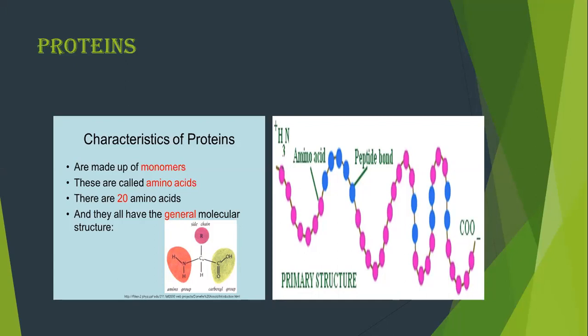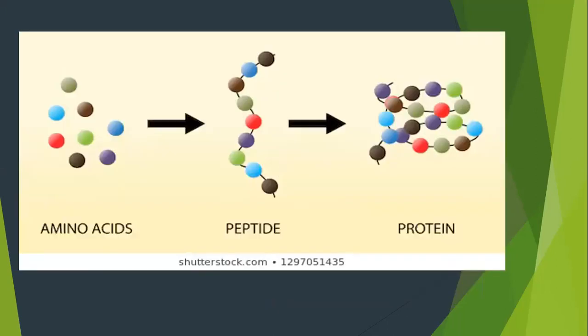When different amino acids join together, they form the primary structure of the protein. And when two amino acids join together, a peptide bond is formed. You can see over there amino acids joined together by peptide bonds, and when the peptide chain folds, it will form the protein.